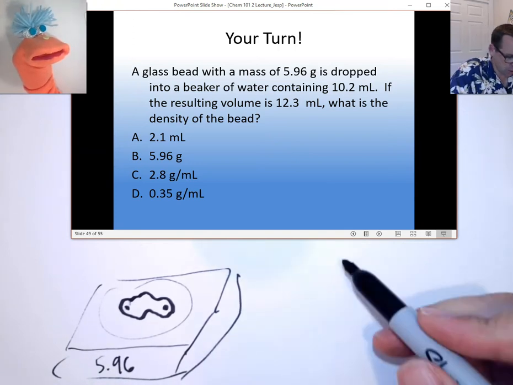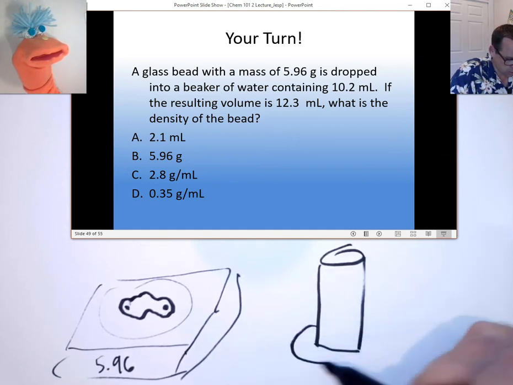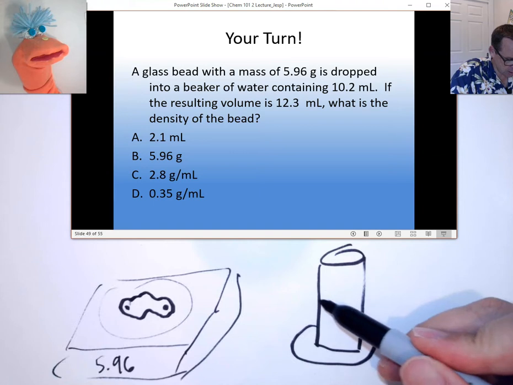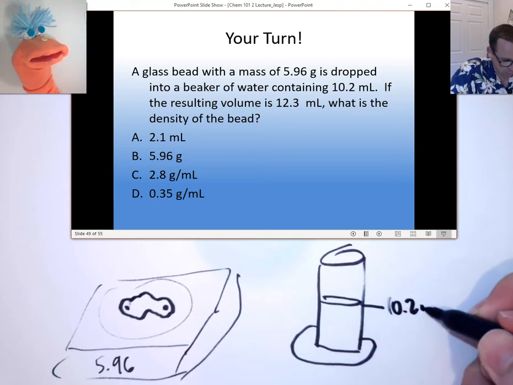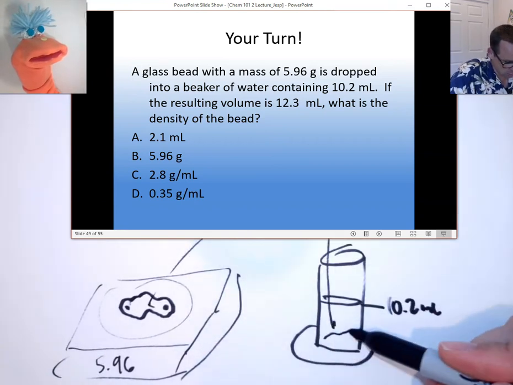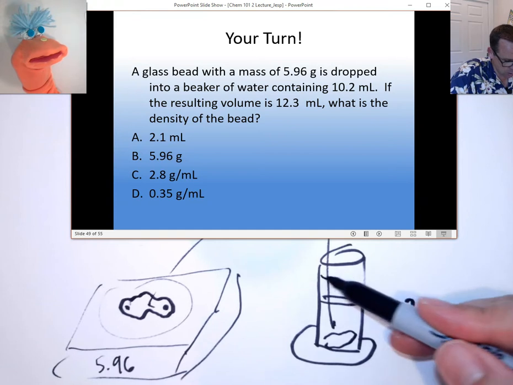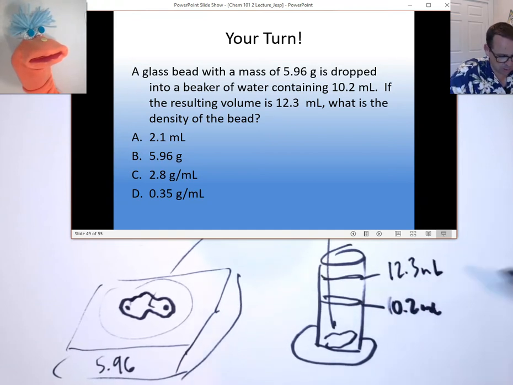But one trick I can do with anything is you can put it into water and see how much water it displaces. So if I have a volume of water here at 10.2 milliliters, and then I stick my bead inside here, the bead goes down, displaces the water, and the water rises to 12.3 milliliters.